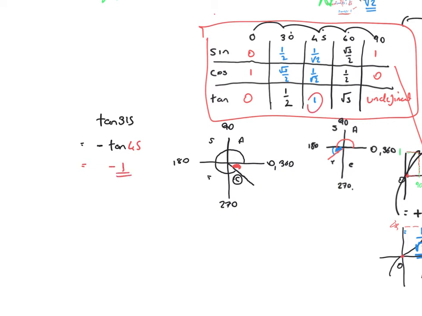Let's try another one. Let's this time go for cos 225. Okay, cast diagram again. 0, 90, 180, 270, 360.